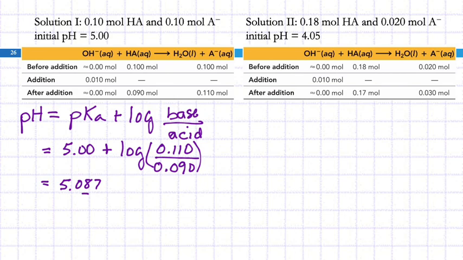How would we calculate the percent change? We'll look at the difference between the new pH and the old pH and divide by, we could divide by the average. That's a pain. I think we'll just divide by the original pH.